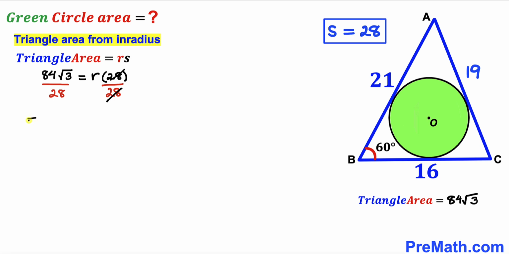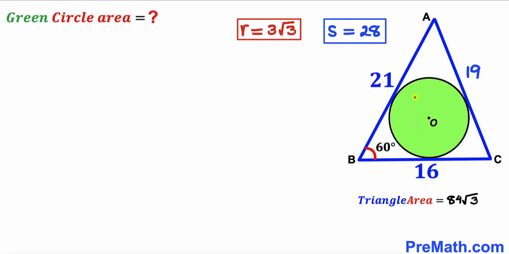So our radius lowercase r, if we simplify the left hand side, is simply 3 times the square root of 3 units. Thus the radius lowercase r of this green circle turns out to be 3 times square root of 3 units.